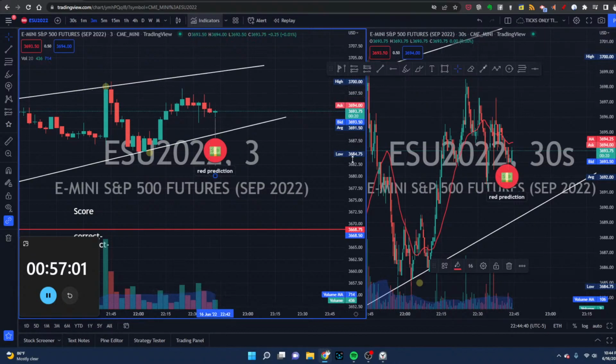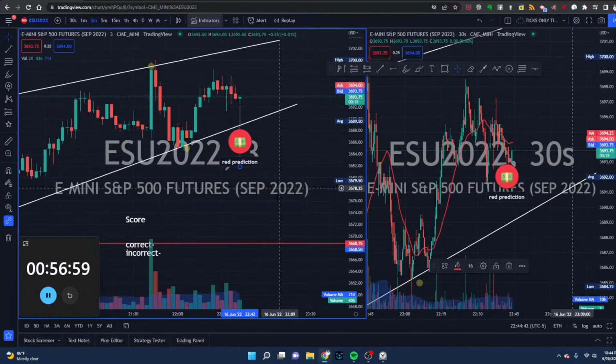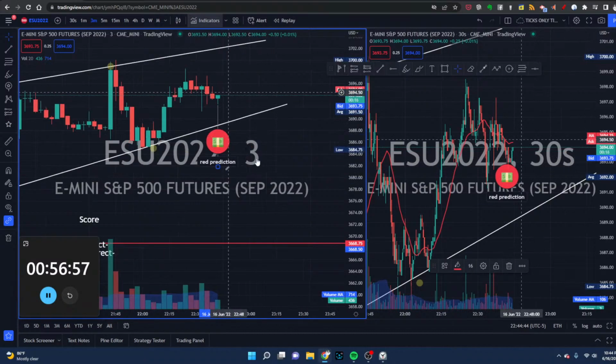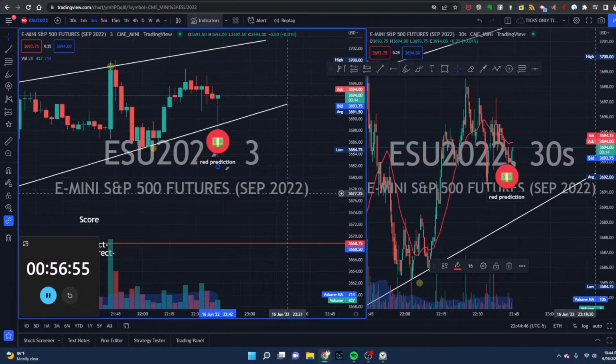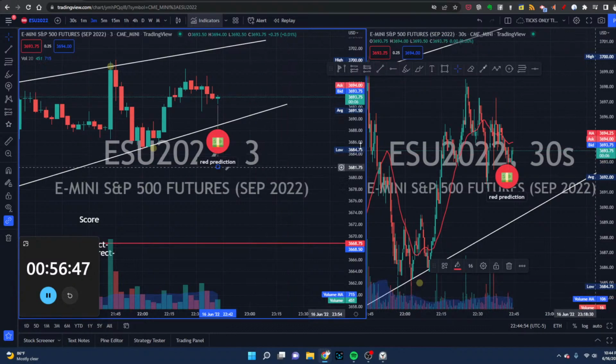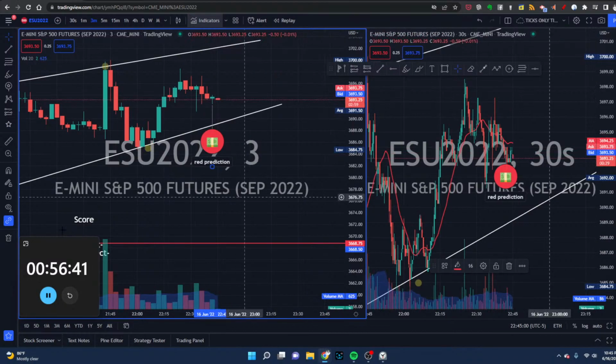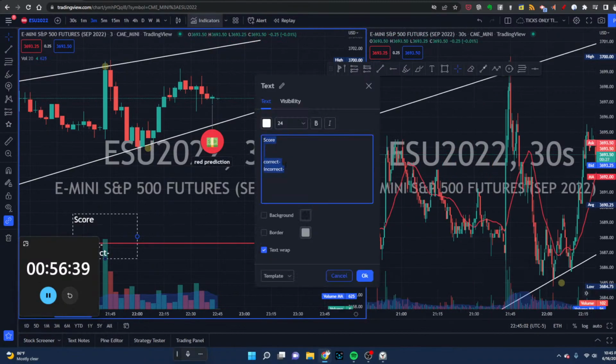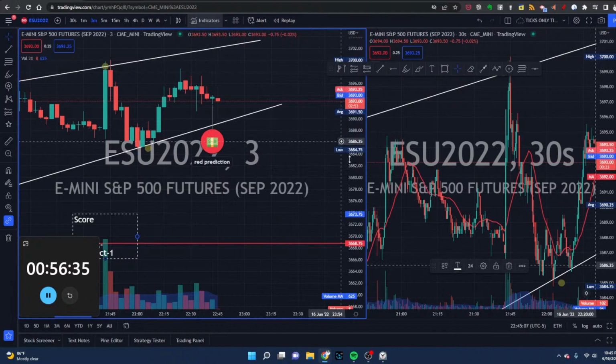Light volume on this one though, but I still think we close red on this. All right, we didn't get that one. We closed green on that. One down, 19 to go.